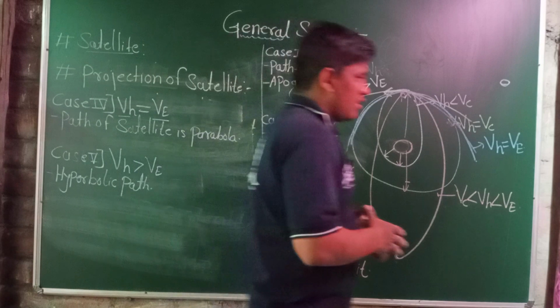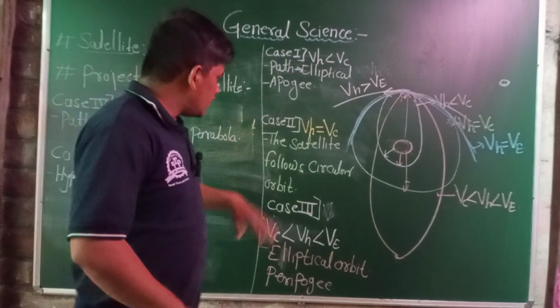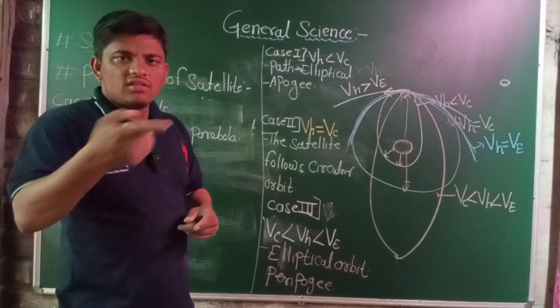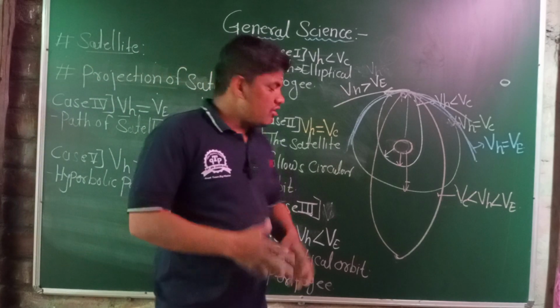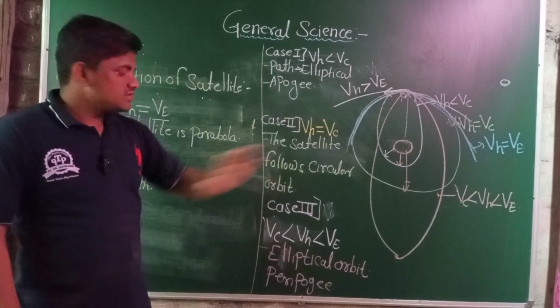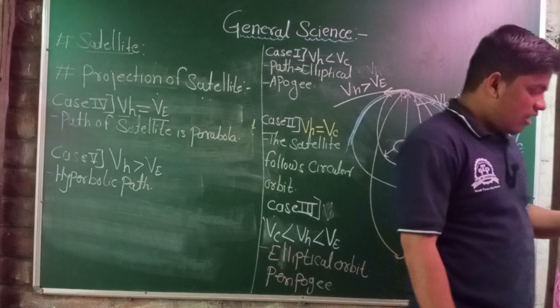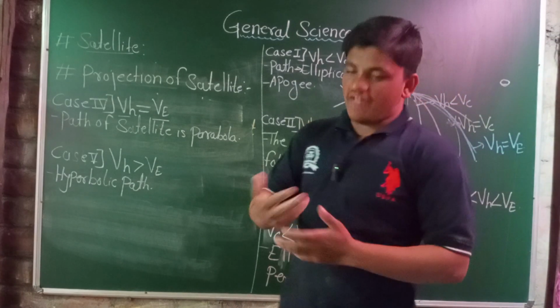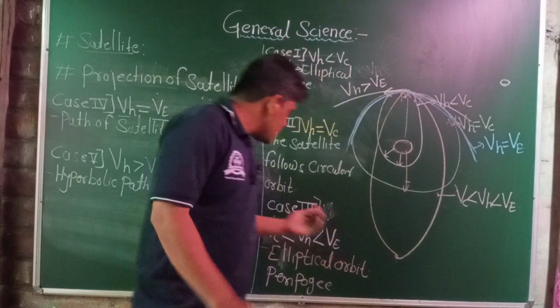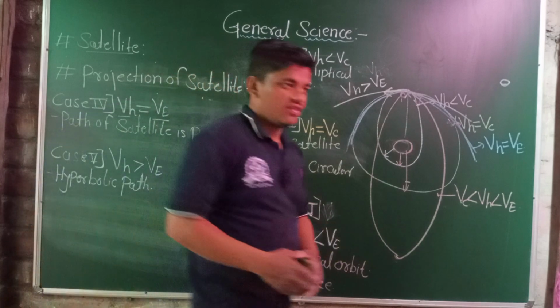Second, the horizontal velocity is equal to the critical velocity. At that time the satellite is in a circular orbit, because the critical velocity is the velocity required to follow a circular orbit. Case three: the applied tangential or horizontal velocity is greater than the critical velocity and less than the escape velocity.